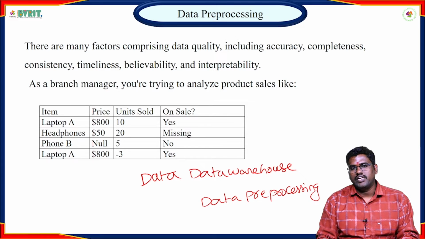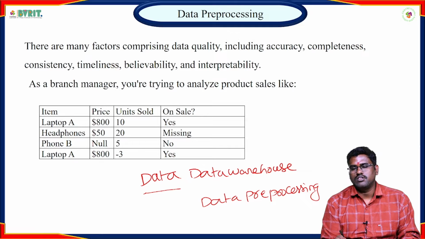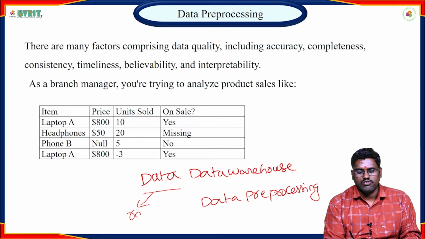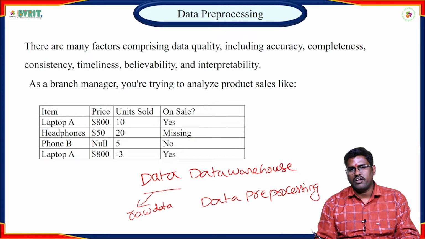So why we need data pre-processing: in general, we have to store the data in a general format. That data may be in the form of raw data, which may contain any type of format: numbers, text, images, videos, audios.